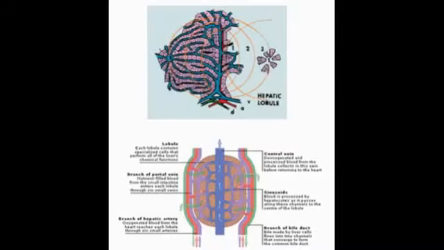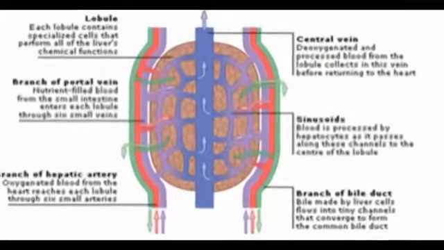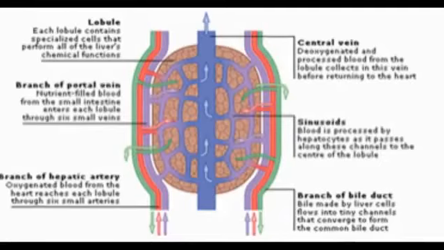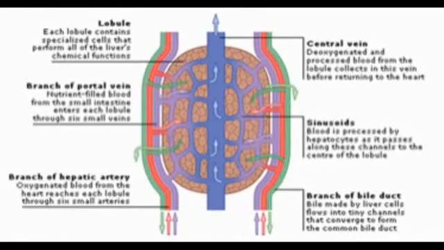On the bottom you see a microscopic view of how that exchange happens between the oxygen and non-oxygen blood, and the exchange of nitrogens between two flows inside of the lobula.